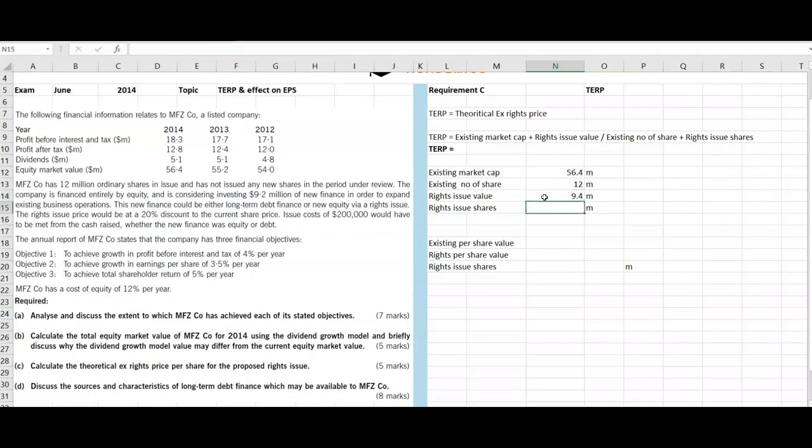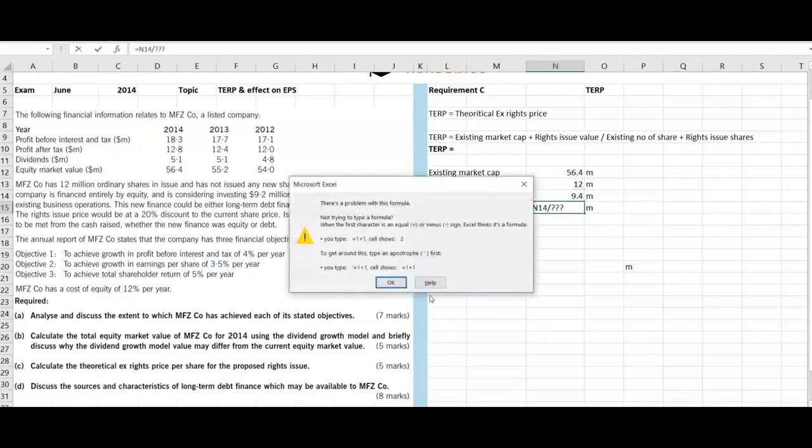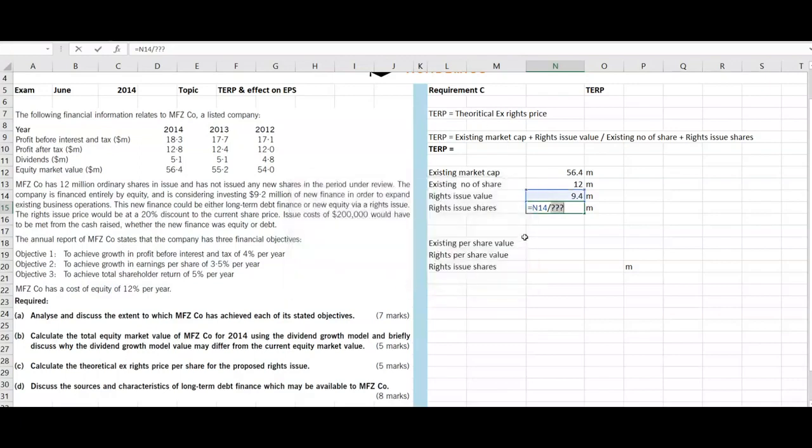So how many shares should we issue for this? The number of shares would be 9.4 divided by the share price. The rights share price is not given here, so we have to find it. We put a question mark here, as we can't get the answer yet.